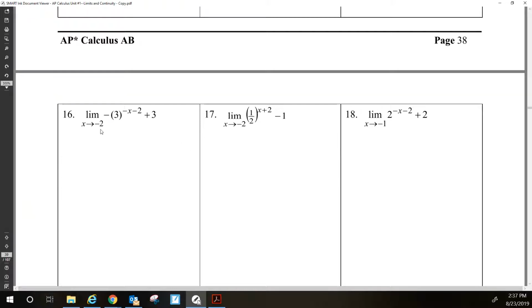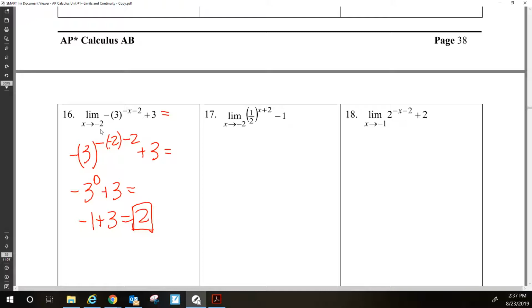So we really don't care what the graph looks like. We're just going to evaluate this. It's going to be negative 3 to the minus, a minus 2, minus 2, plus 3. So this is negative 3. Minus a minus 2 would be positive 2. Minus 2 would be to the 0 power plus 3. Anything to the 0 power is 1, so this would be negative 1 plus 3, which is 2.